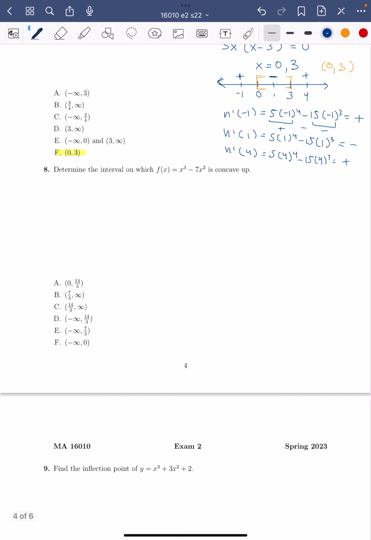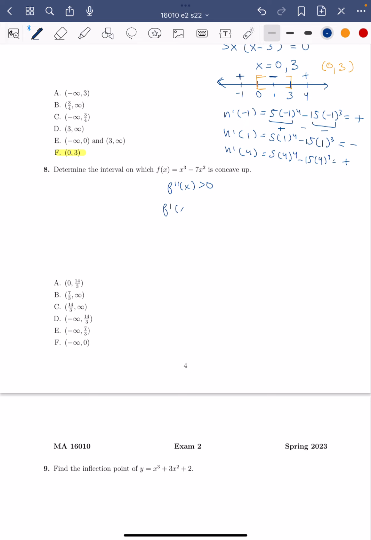Number 8. Determine the interval on which f of x equals x cubed minus 7x squared is concave up. So when we're looking at concavity, we are looking at the second derivative. So if we want concave up, we want wherever the second derivative is greater than 0. So let's go ahead and start by finding the first derivative.